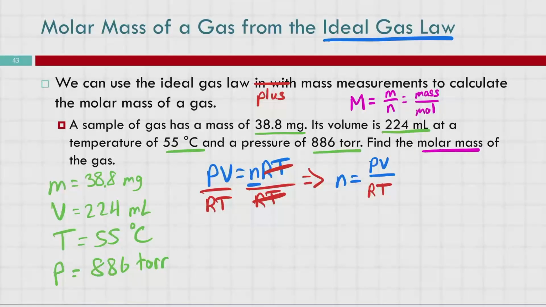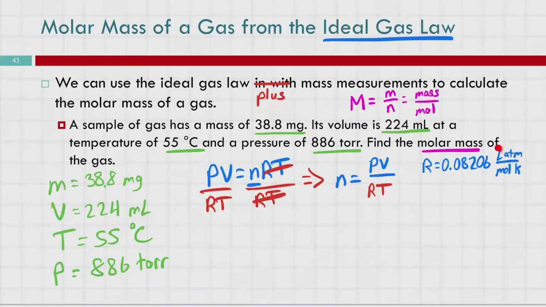What's R, other than a pirate's favorite letter? Yeah, it's a constant. R is 0.08206 liter atmospheres per mole Kelvin.